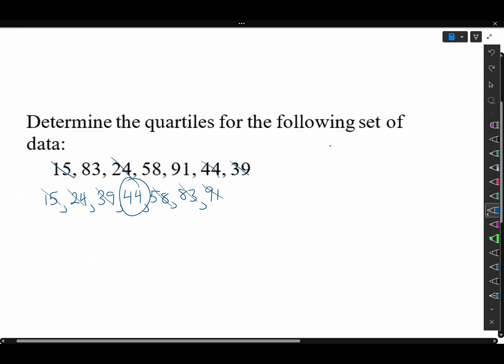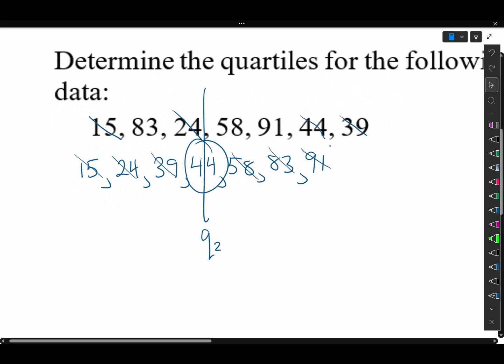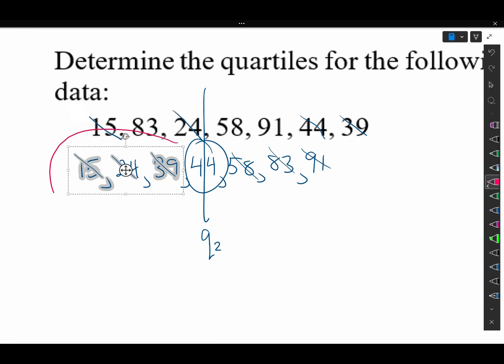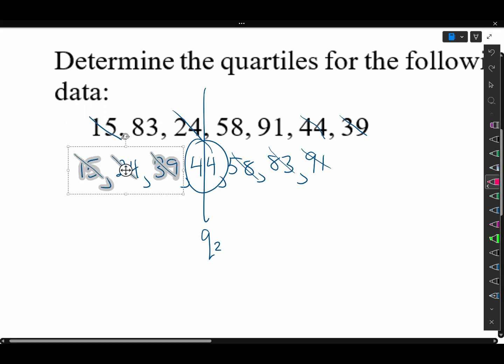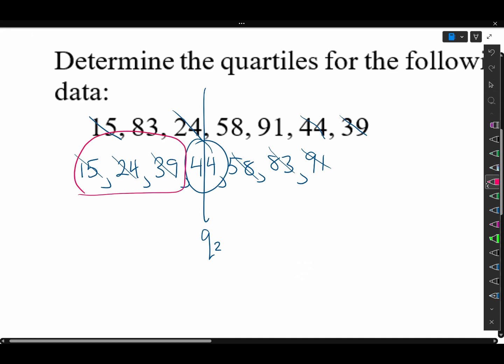Now what we're going to do here is take that median and call it Q2, because it is the second quartile that we'll be working with. That might not mean anything to you just quite yet. That's quite all right. Now we're going to take a look at all of the data that is less than our median, and we're working with 15, 24, and 39 in this case.